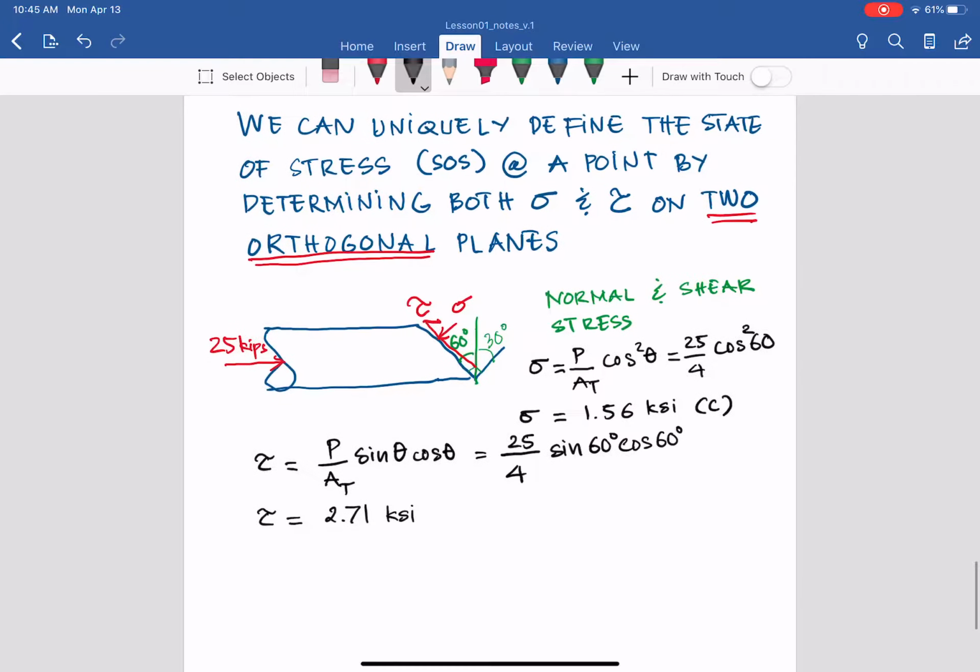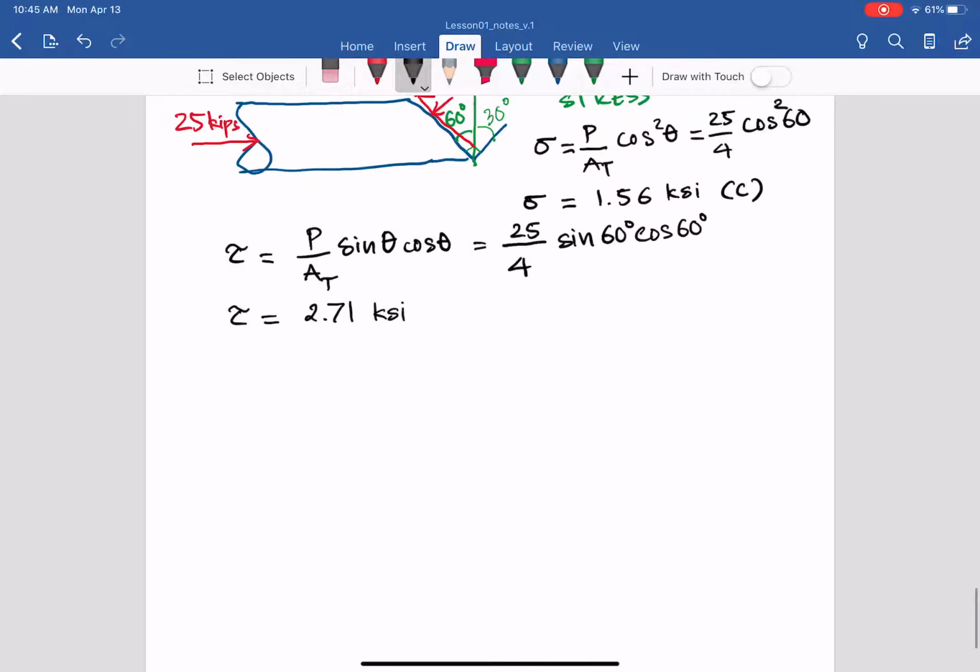From that we can have a 2D stress block, a two-dimensional stress block to represent the state of stress at that point.